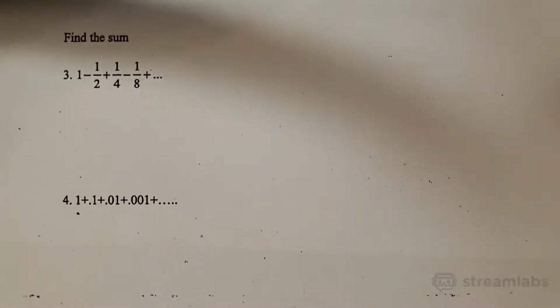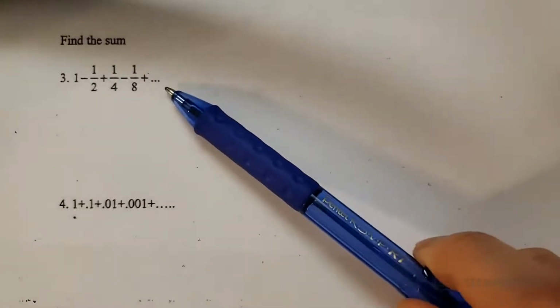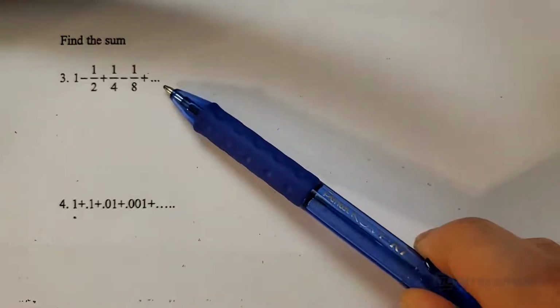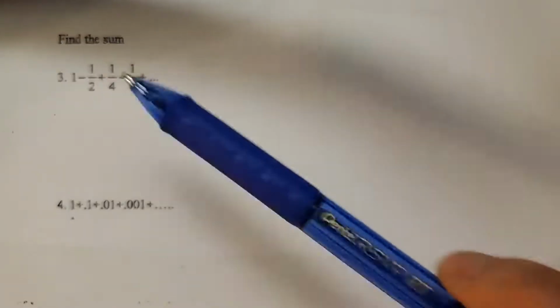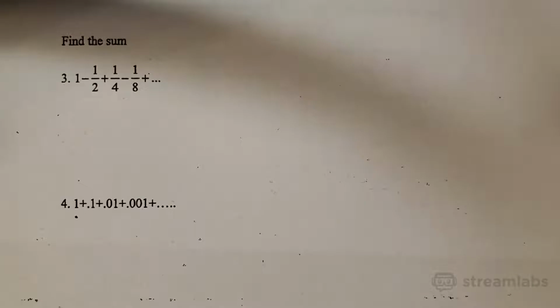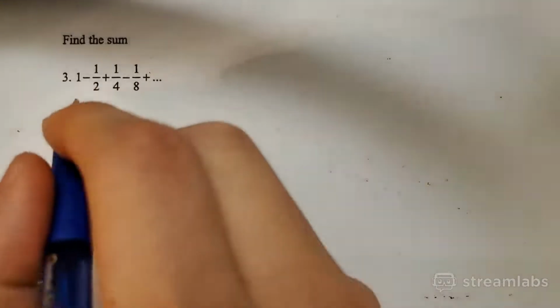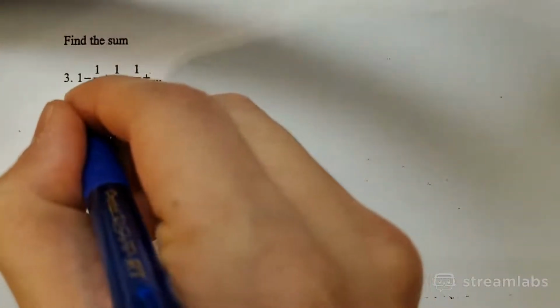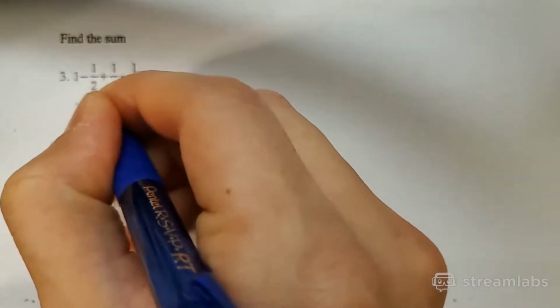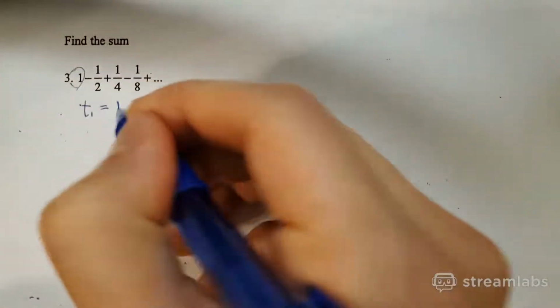Okay, let's do one more example. So if you look at this, first of all, what is the first term? Term 1, that's the first one. What is the ratio?